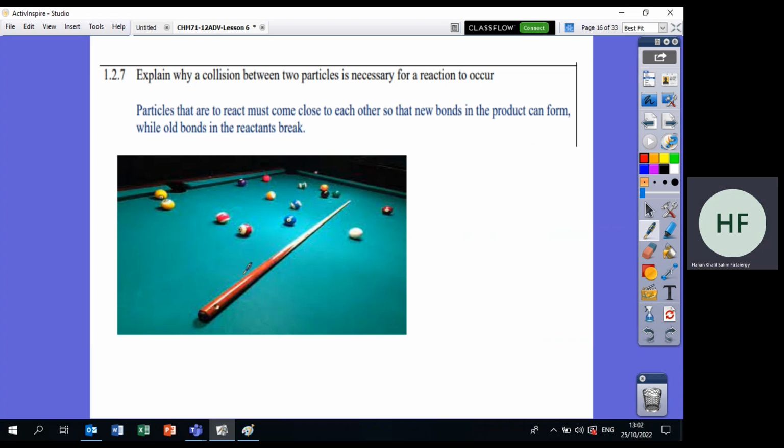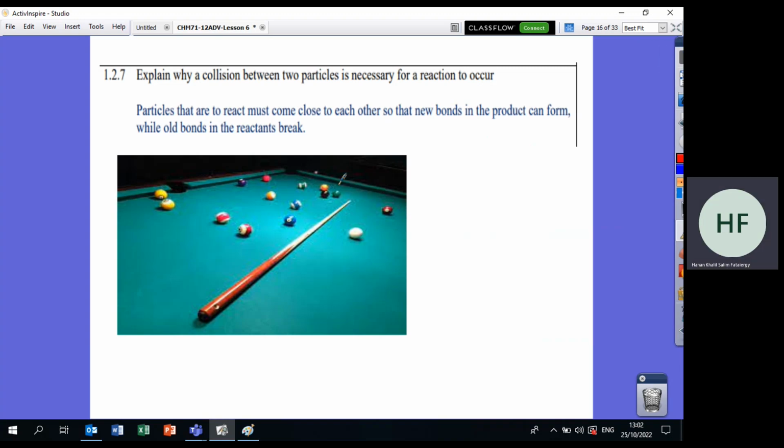So, collision theory is similar to this game that you play, which is billiards. Before you play billiards and you want the balls to go in the corners, what are the three things you need to do before you start playing? Number one, you need to choose the correct direction. By choosing the correct direction, you carry the stick and you walk around the table and you choose the direction by which you want to do the hit.